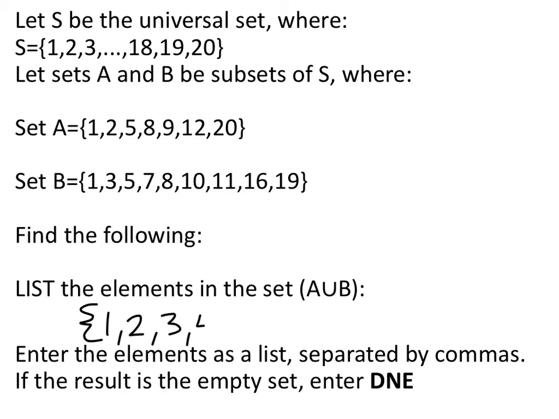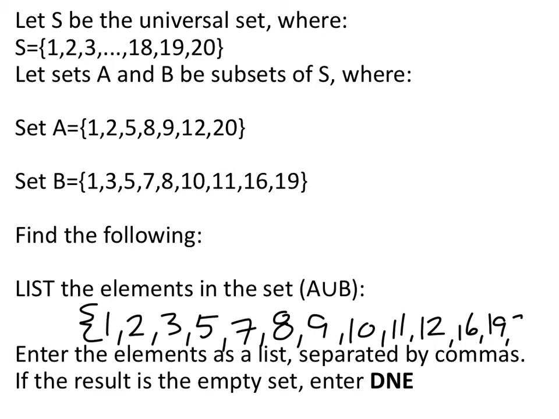I don't see a 4, but a 5 is good. 7, the 8, 9, 10, 11, 12, 16, 19, 20. Do you guys see any values I missed there? All right, and then I've got a closed fancy bracket.